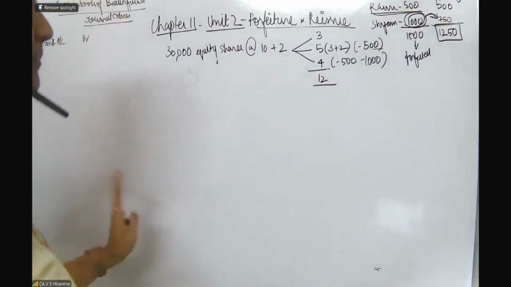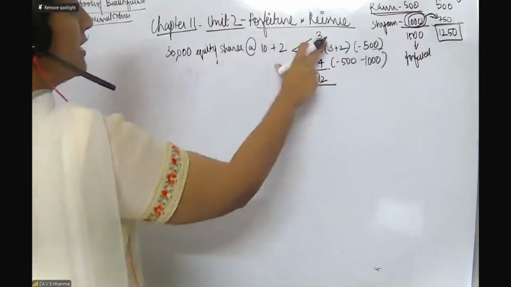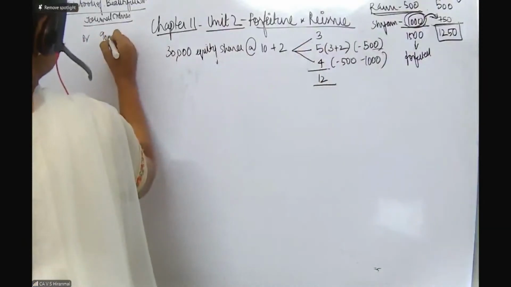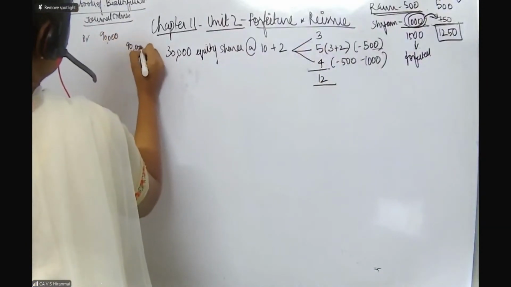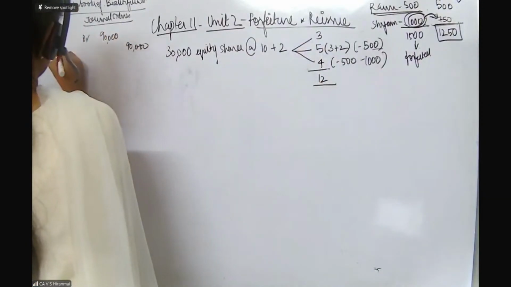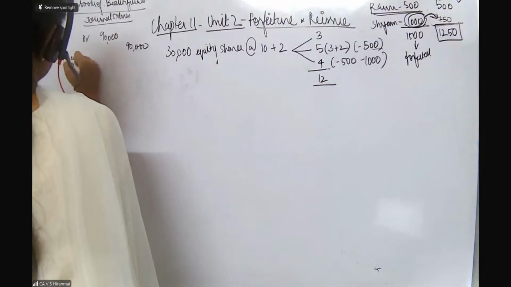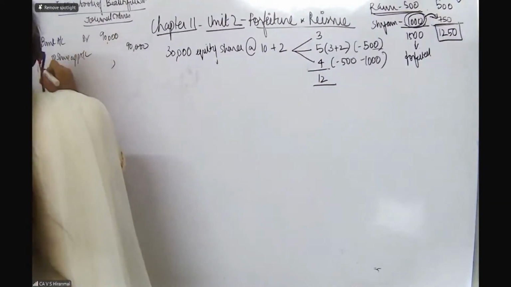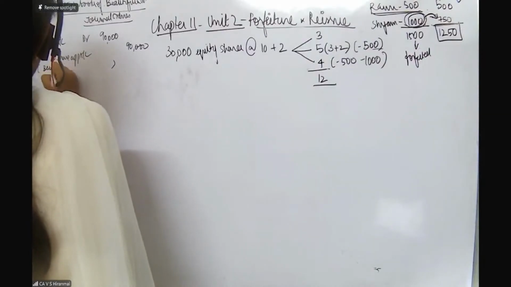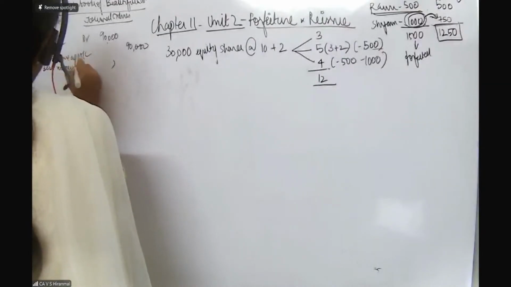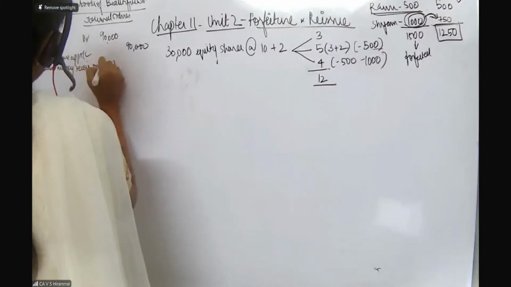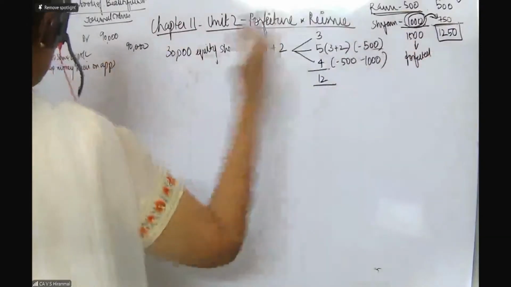So 30,000 into 3. The first entry is the bank entry for application, bank account to share application account. What is the narration? Being money received on application. Don't use short forms, please write the full forms.